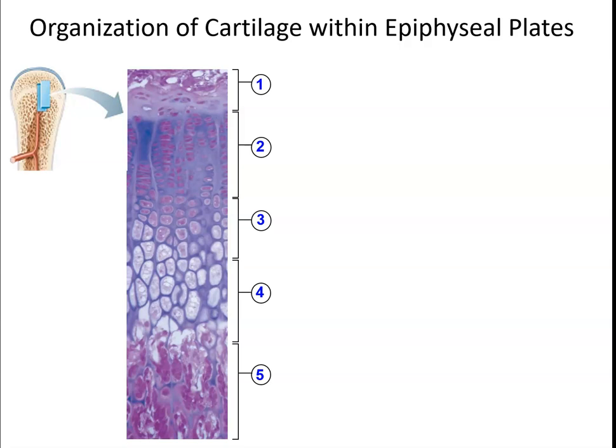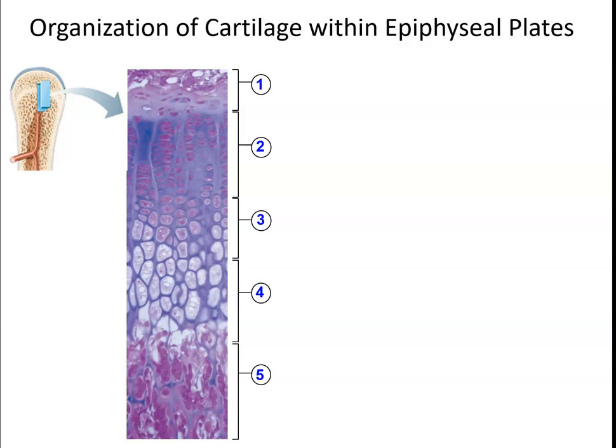As it does that, we can see a kind of 5-step process happening. Those steps happen slowly, and it's slow enough that you can actually see different regions in the epiphyseal plate where cells are going through those 5 different steps.